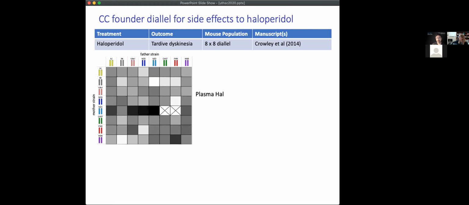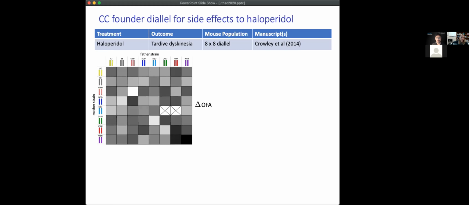If we look at something where we do have a placebo and treated phenotype, and therefore we can get a delta, this is activity in the open field, which is sort of a measure of anxiety. We can see that there's a different kind of pattern here, some interesting maybe parent of origin interactions.